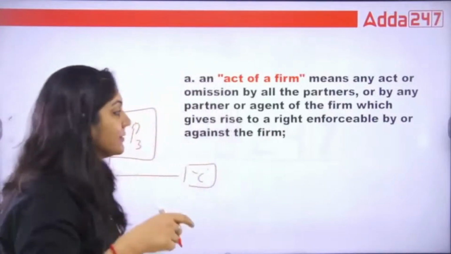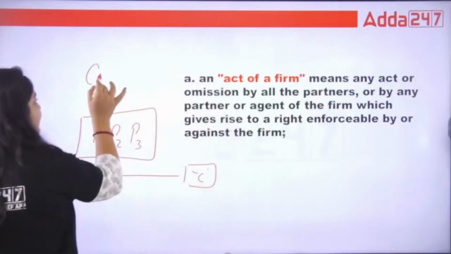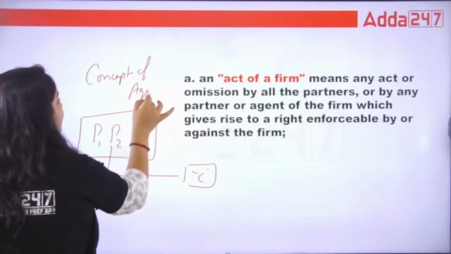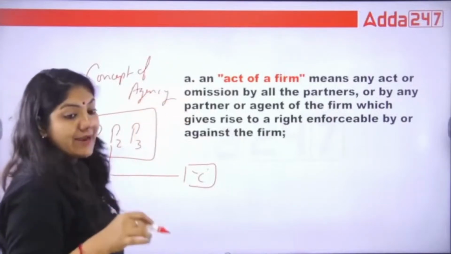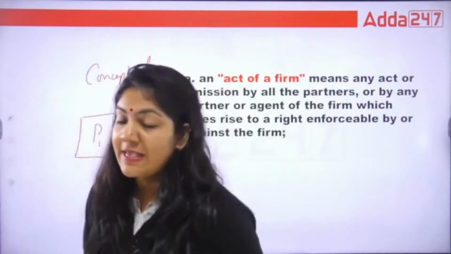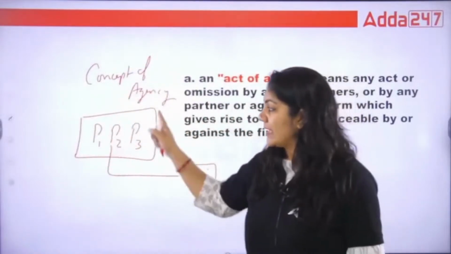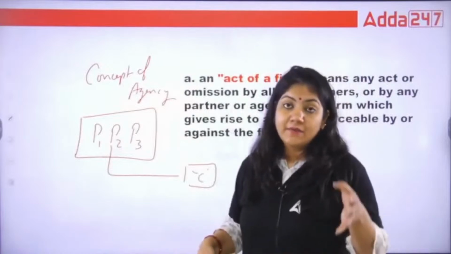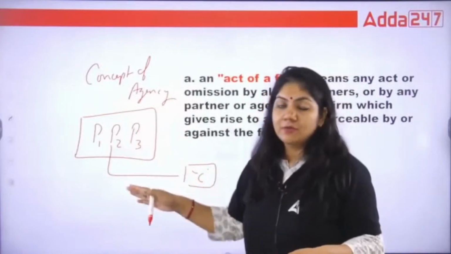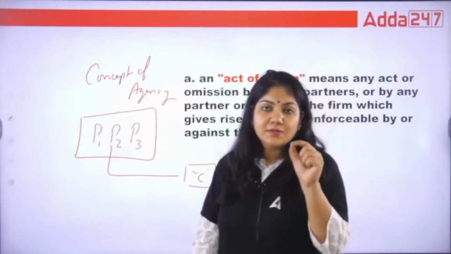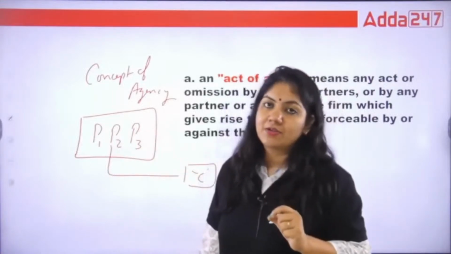As we know, the concept of agency applies in the partnership firm. If any wrongful act is done by P2, every partner is liable. If any profit is made by P2, the profit is distributed among the partners. This is the crux of your partnership firm.